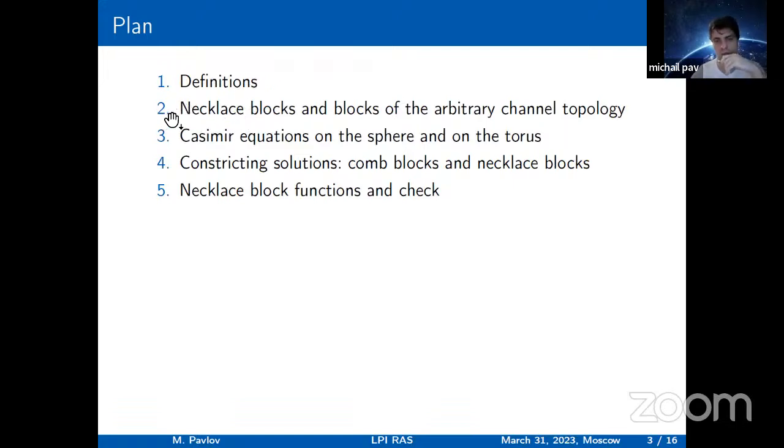We call them necklace blocks, and we describe the importance of these blocks. We will show how these necklace blocks produce blocks of arbitrary topology. This is the first thing to highlight during this talk.